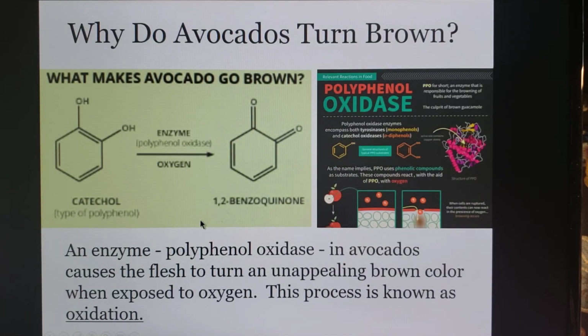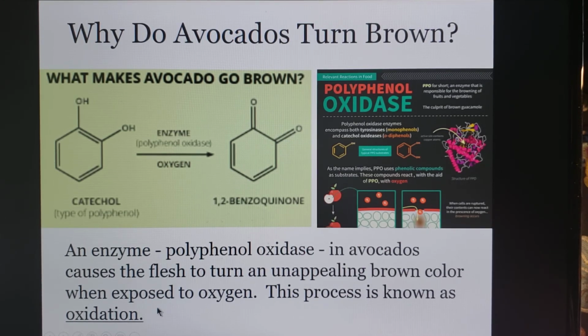Okay, and then back to our avocado from the lesson we had last time. Avocado has an enzyme, polyphenol oxidase, and there's that ASE word on the end that tells me it's an enzyme. In avocados it causes the flesh to turn an unappealing brown color when exposed to oxygen. This process is known as oxidation.